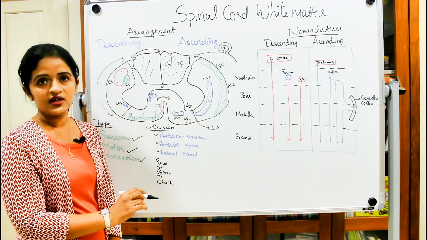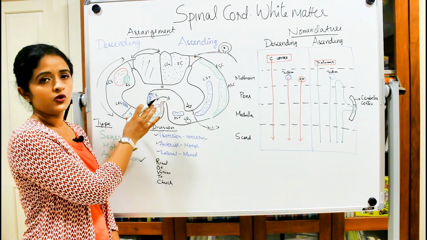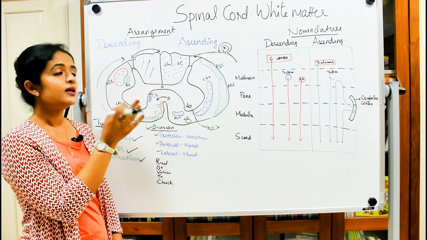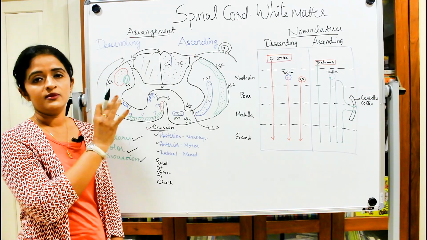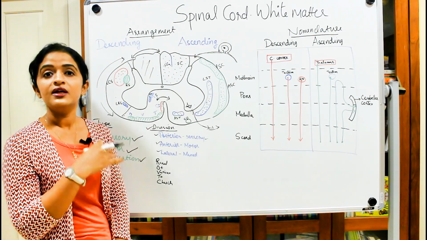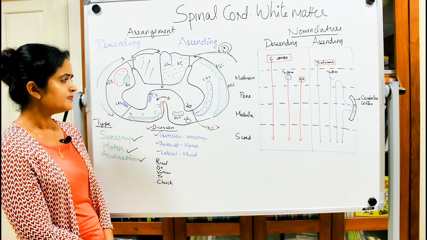The anterior column also contains some sensory fibers, but it is mainly motor. The lateral column is mixed, having more or less equal numbers of sensory and motor fibers, and the posterior column is chiefly sensory. That is how the nerve fibers are arranged in the white matter of the spinal cord.